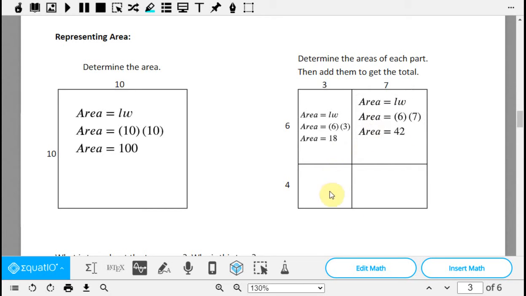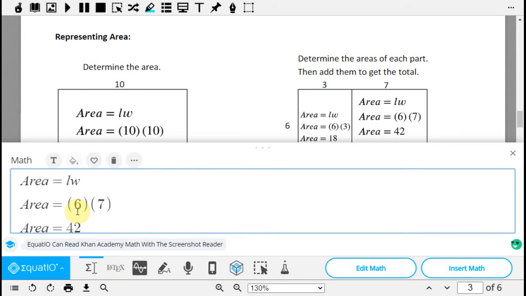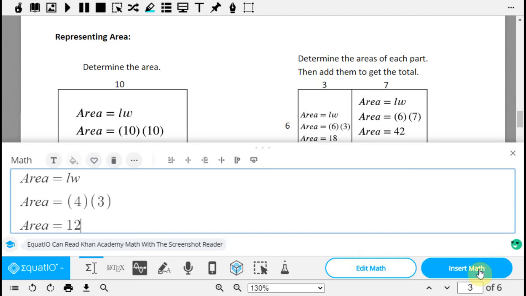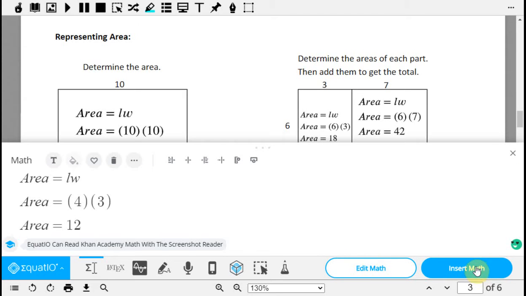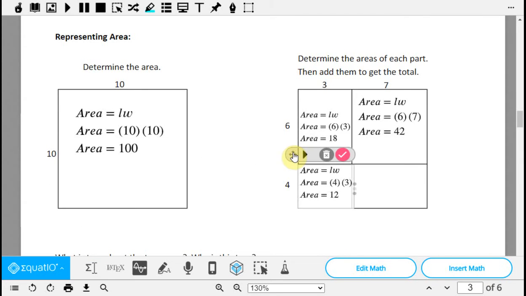The next block is 4 by 3. The last area is 4 by 7.